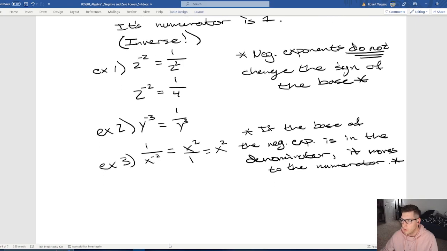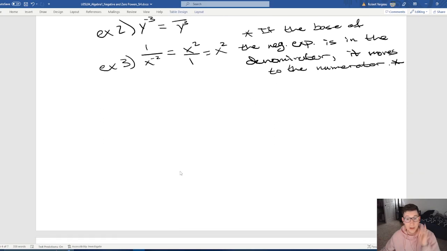And so we're going to now take a look at that second property, because if you look at the header, we have negative and 0 powers. And the nice thing is that the 0 power is way less complicated than the negative power.